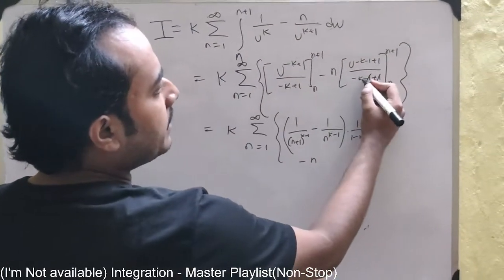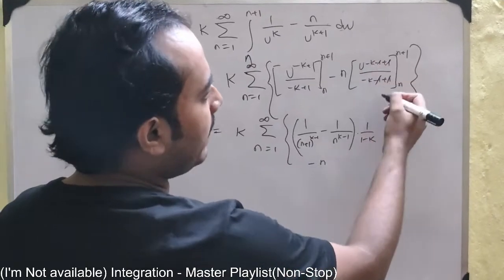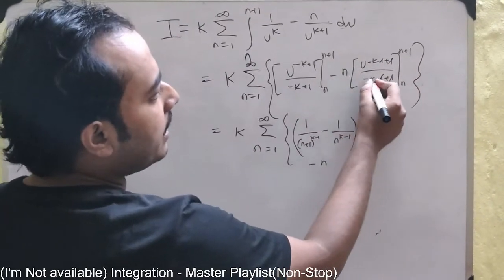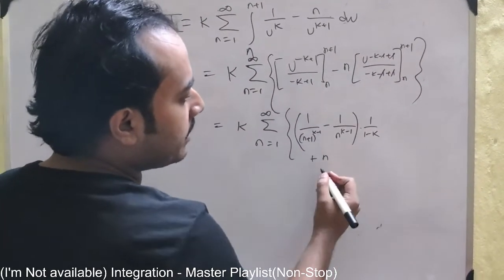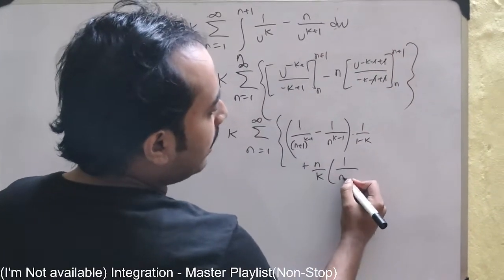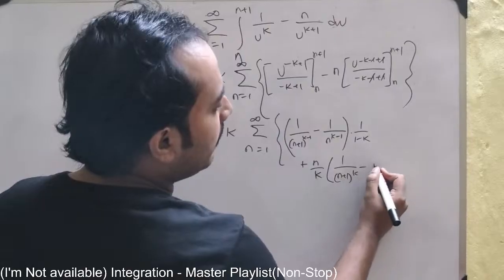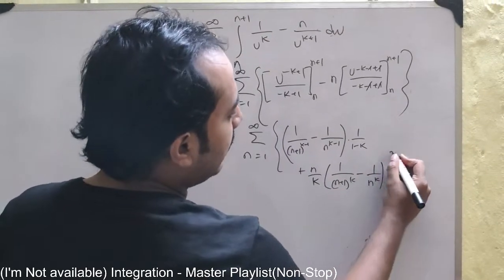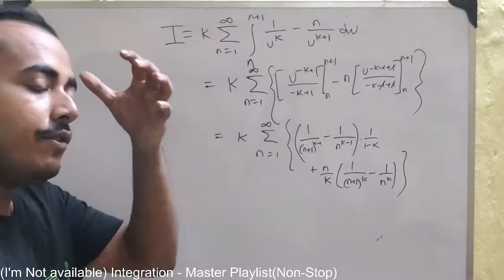As you can see, this is basically u to the power minus k. So again minus n, and this minus k goes to plus n by k, which is common, and then again we do the same thing: n plus 1 whole to the power k minus 1 by n to the power k. Now this is the summation that we have to evaluate here.